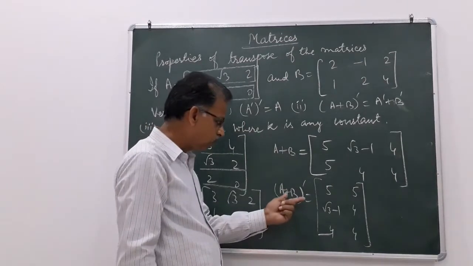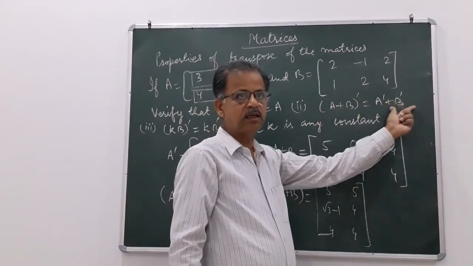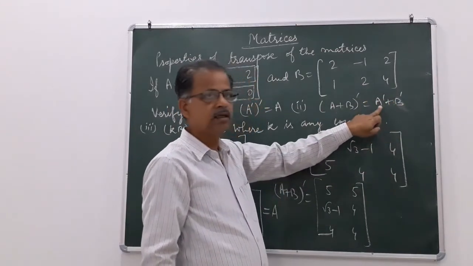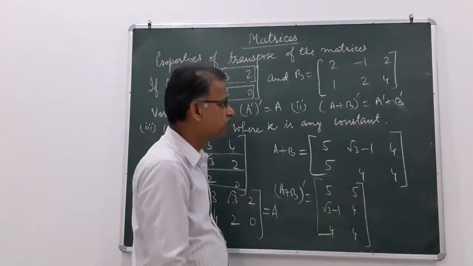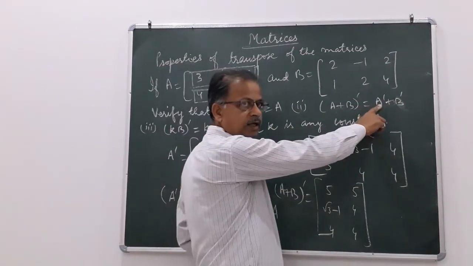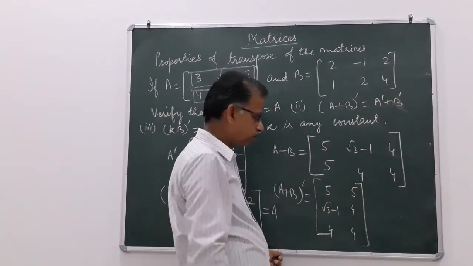Now we have to prove that this left hand side is equal to right hand side, and in right hand side it is sum of A dash and B dash. It means first of all we will find transpose of A, transpose of B, and then we will find their sum.